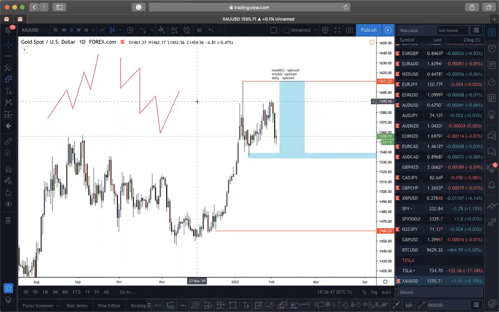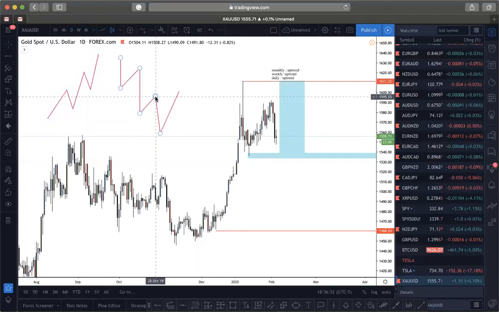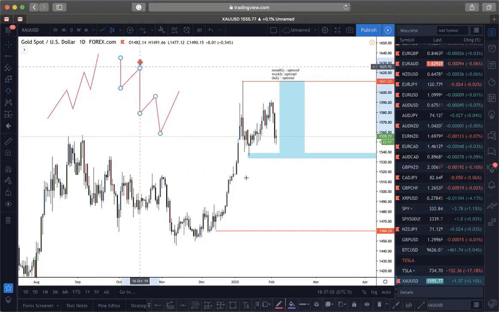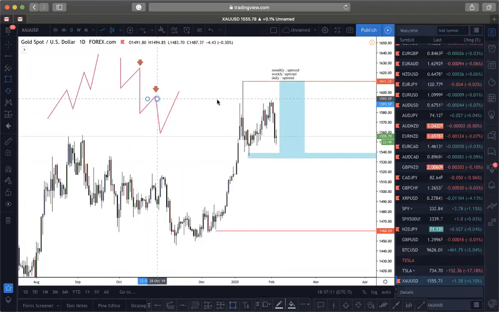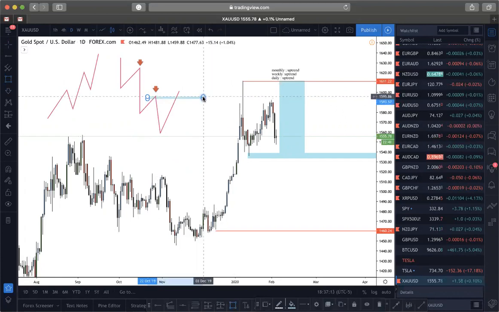From the moment the market surpasses this previous lower high, then it's no longer a downtrend. Because according to the rules of the downtrend, the lower highs have to be lower every time, right? And the moment the market surpasses that level, then that is not the characteristics of a downtrend, right?